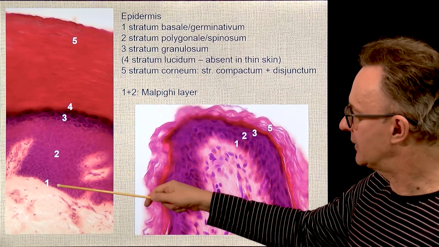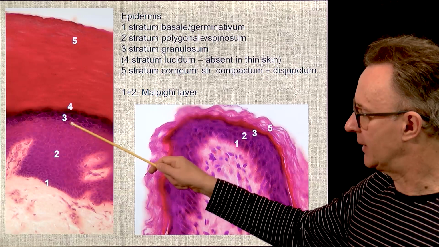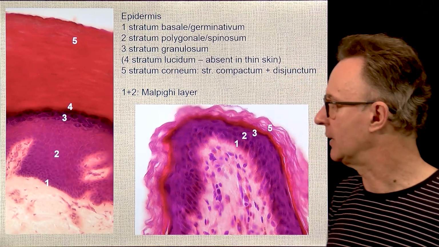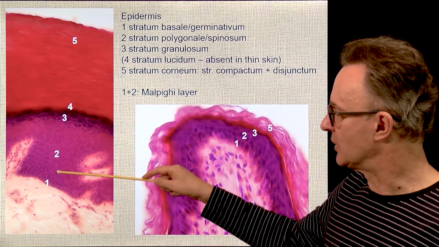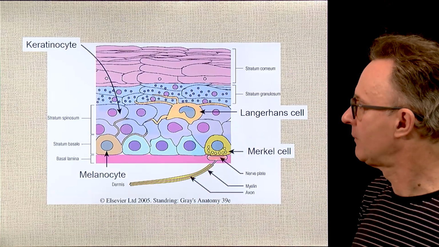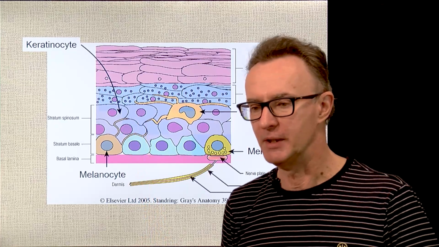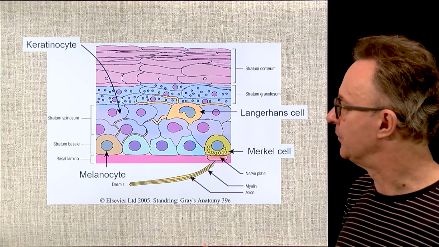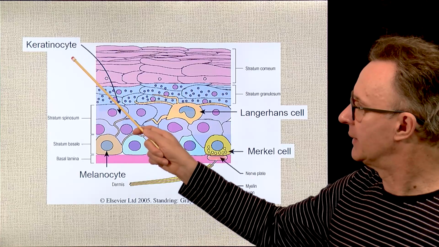The first two layers, the basal layer and the polygonal layer, can be found in the non-keratinized version as well, and together this is called the Malpighian layer. The layers that I mentioned so far were according to the keratinocytes.